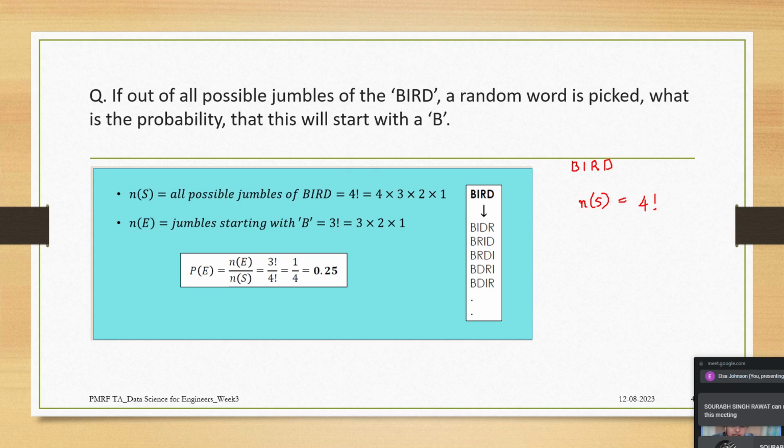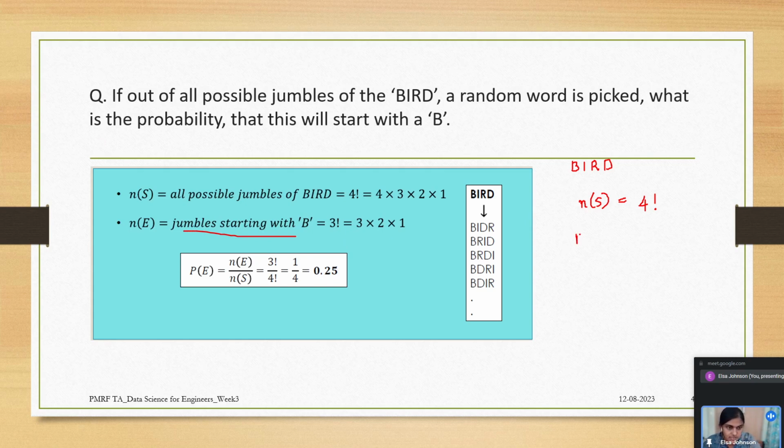Then you want to find the probability that it will start with B. So your event is jumbles starting with B. That can be given as 3 factorial. Why?